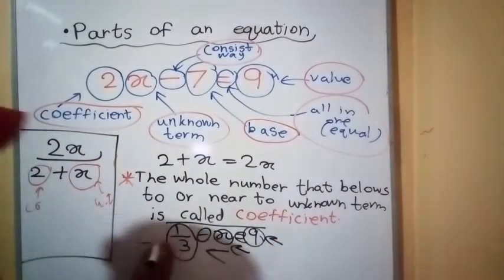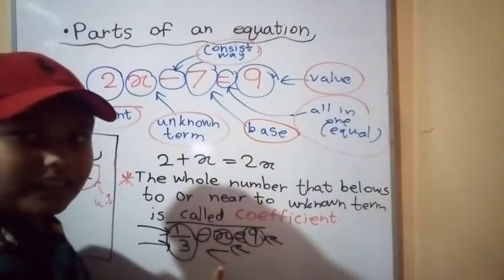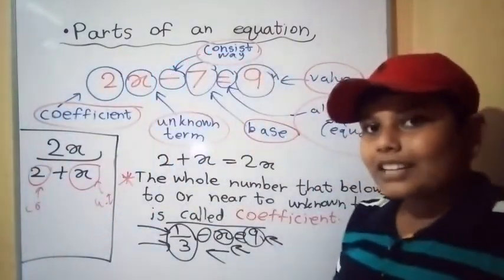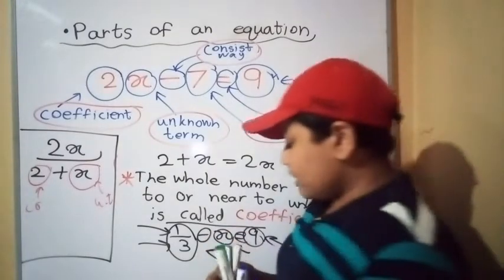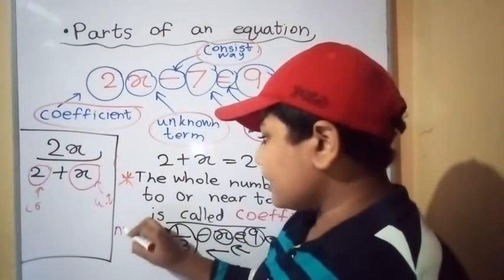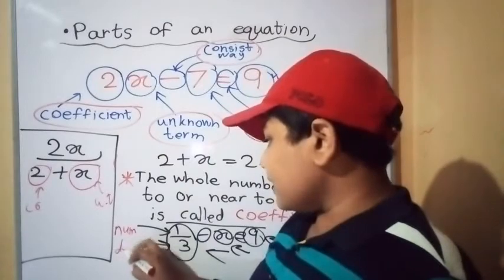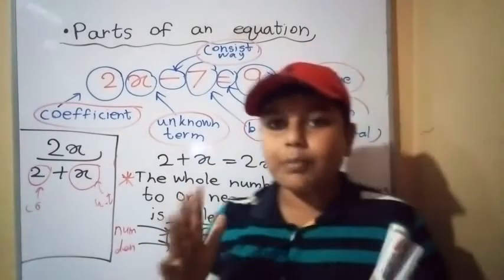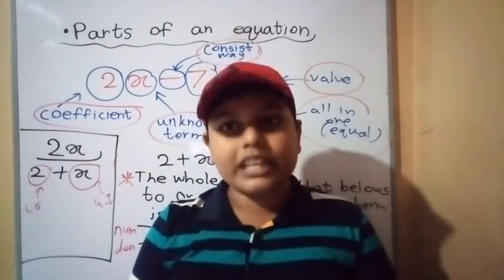They are called the parts, and the coefficient in the fractional one has two parts. The 1 is in the numerator, the 3 is in the denominator. You want to keep this in mind when you learn equations.